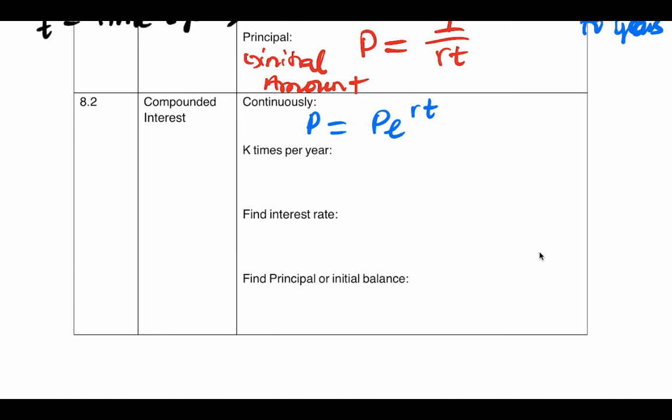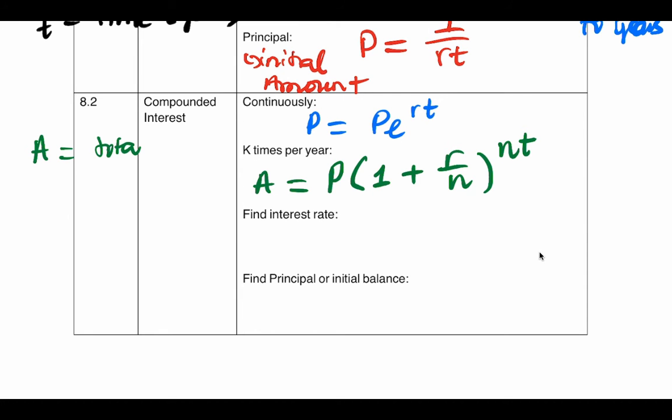We'll read the question and it will tell you directly what that is. Then if the question tells you, I will tell you the objective. I will say this is what you need to do. If it says K times per year, then you're going to use this formula right here. A equals P times 1 plus R over N, to the N T. Every letter we saw before. A is the total amount.